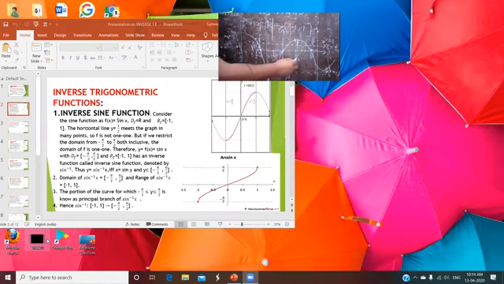From minus pi by 2 to pi by 2, the horizontal line intersects the curve at only one point. So if we restrict the domain to minus pi by 2 to pi by 2, the function becomes 1-1. For this particular domain, sine x becomes 1-1 and is said to be invertible.